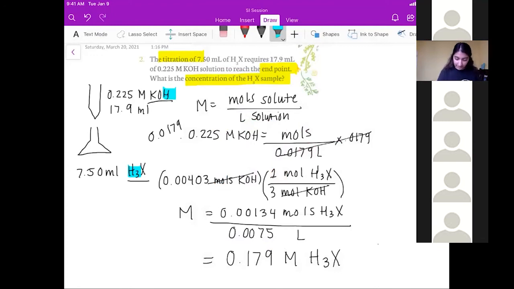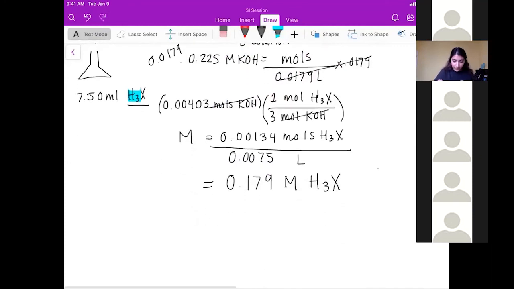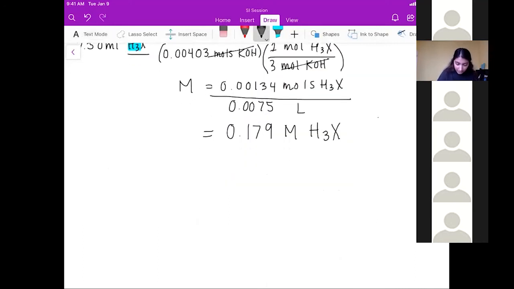Explain more? Okay, yeah. So in a regular problem, say you have HCl and then you have KOH. In HCl, you have 1 hydrogen, and in KOH, you have 1 hydrogen.